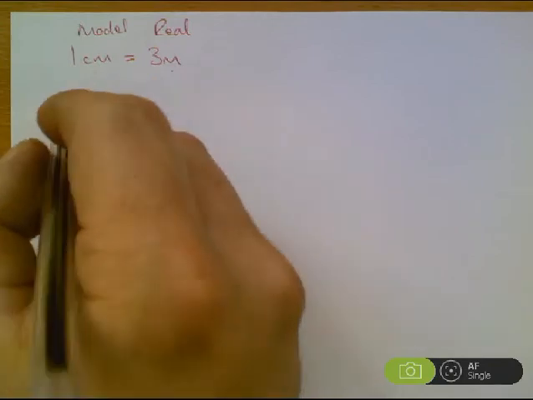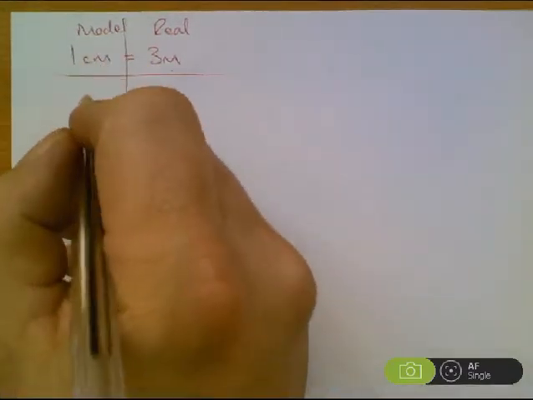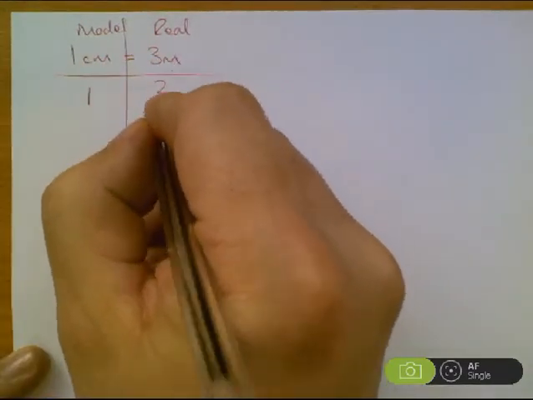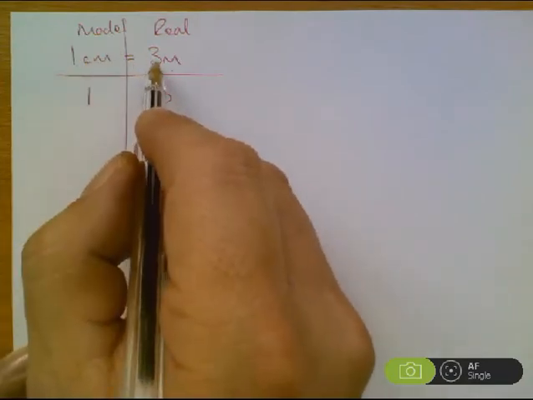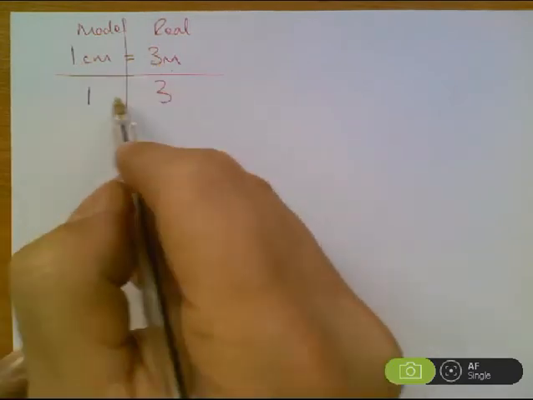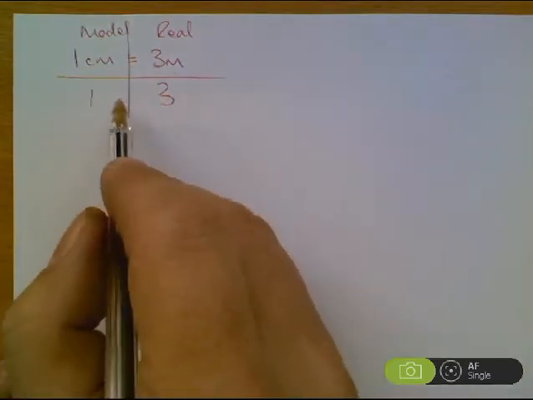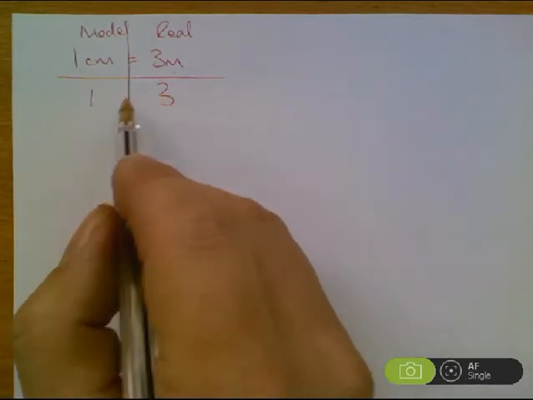So what I tend to do is draw a little table and say, well, if 1 is 3. Now forget about units for the moment, I'm just looking at the relationship between the numbers. So this number is 3 times bigger than this number, and that's the important thing, spotting that relationship.